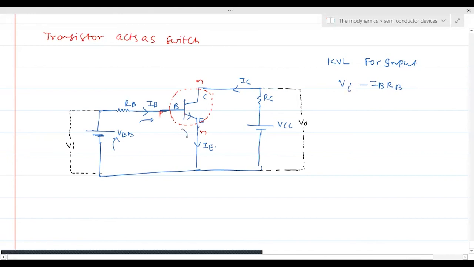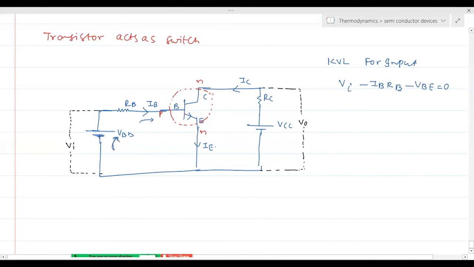Here we are moving, so IBRB, and at the end we have a potential drop between base and emitter. Therefore I'm taking minus VBE equal to 0. Suppose we are starting from here, moving in this way, battery negative plate, so plus and minus. That's why we write plus V input. We are moving in the same direction as that of current, therefore we have lost minus IBRB.